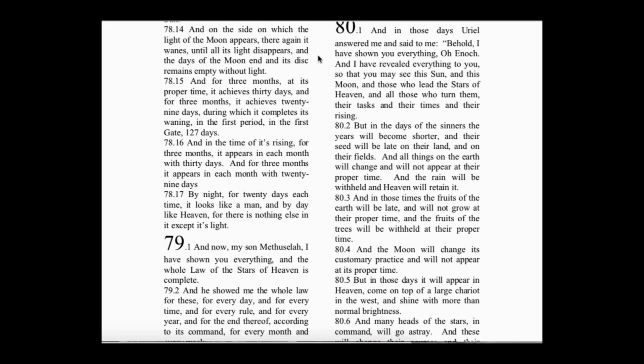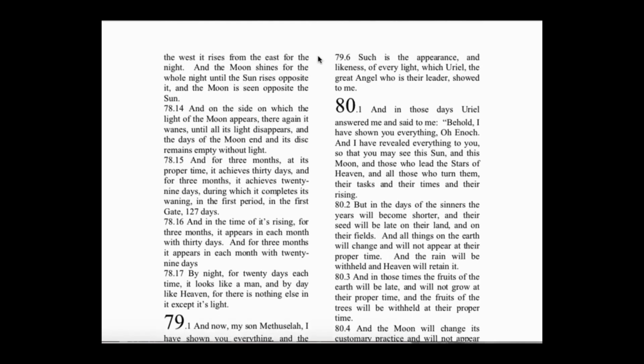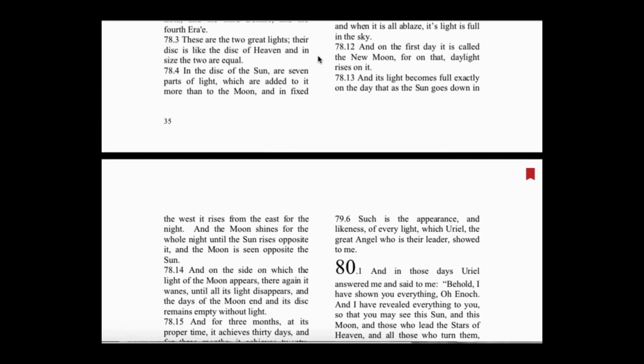So it goes through the whole cycle of the moon, right? The first phase is new moon at the beginning of the month. Then in the middle, the 14th and the 15th day is full moon. Then after the 15th day, starting from the 16th day to the end of the month, the moon wanes and the light disappears again gradually. So that is the process of the moon phases within the month.